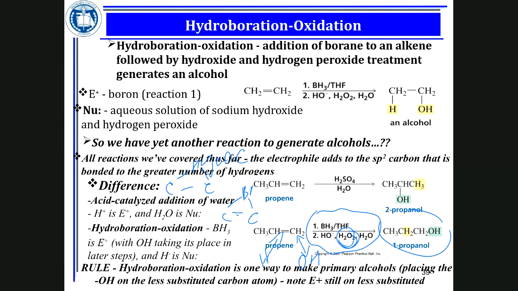The advantage of the hydroboration oxidation is that you can make primary alcohol, or you can have the OH on the least substituted carbon. The other advantage is that the reaction doesn't have a chance for rearrangement either. So the carbon skeleton is going to stay the same, just like oxymercuration demercuration, but you can make primary alcohol with this method.